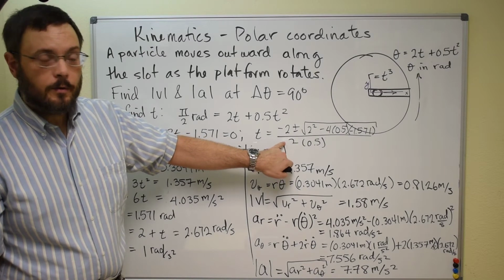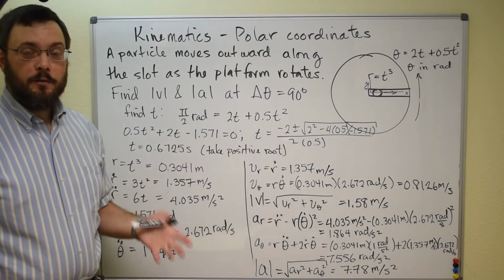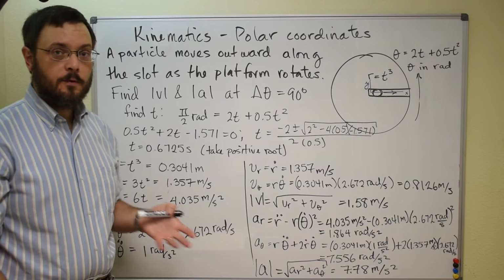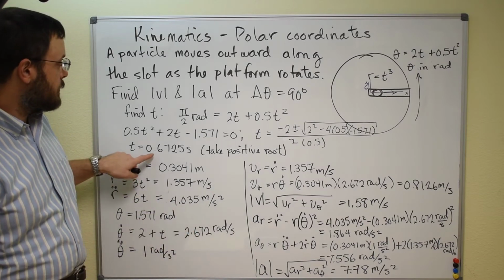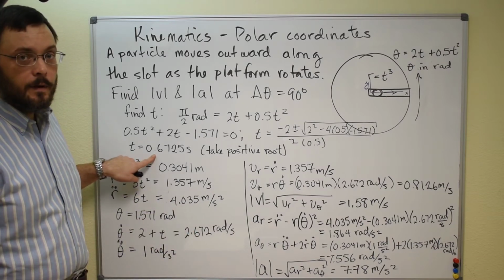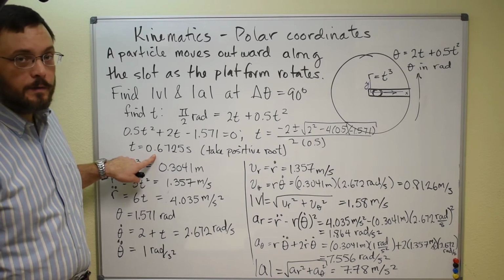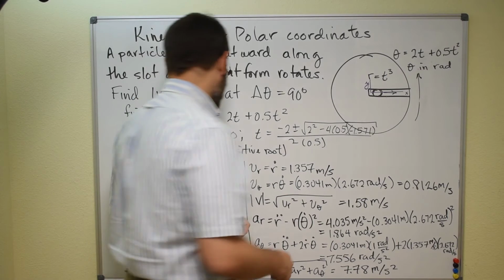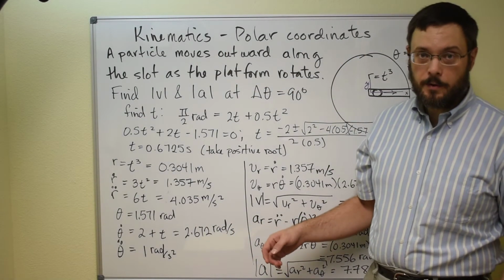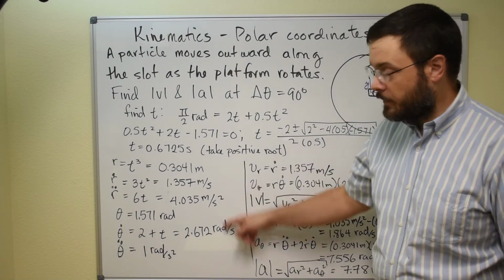Plug everything into the quadratic formula. Negative time doesn't have any physical significance, so only take the positive root, and we'll get that time is equal to 0.6725 seconds.